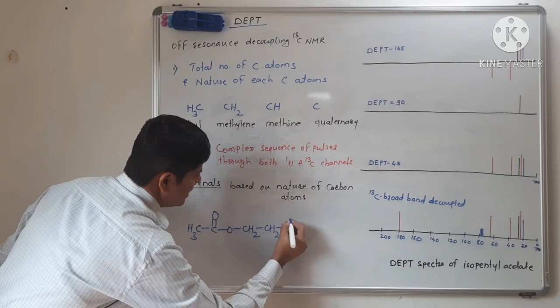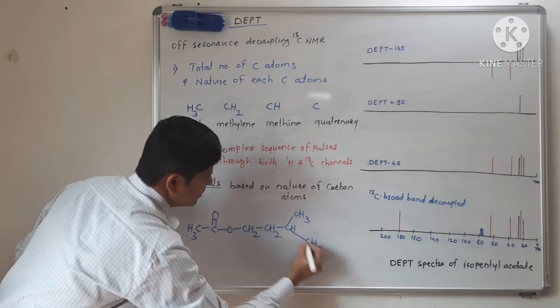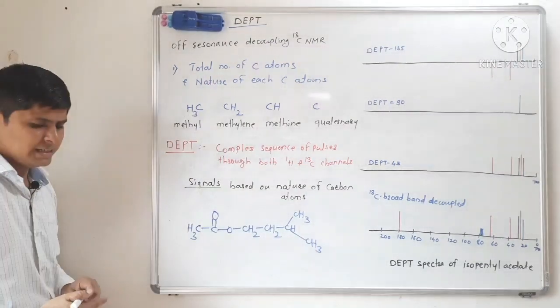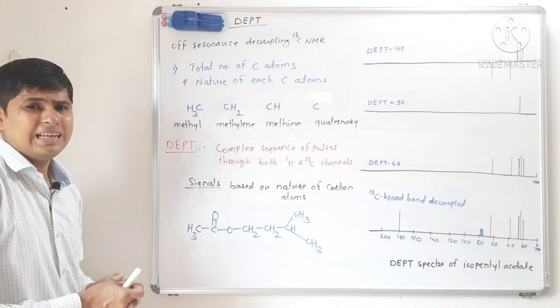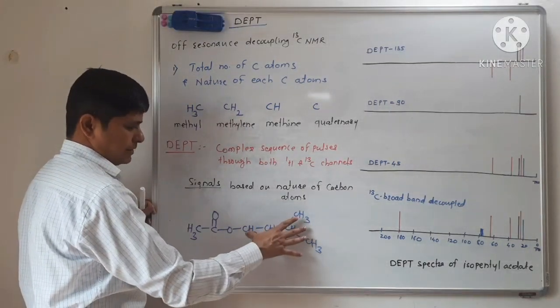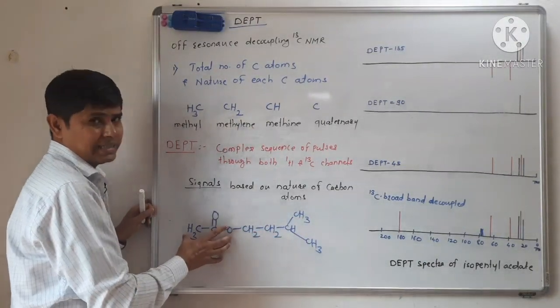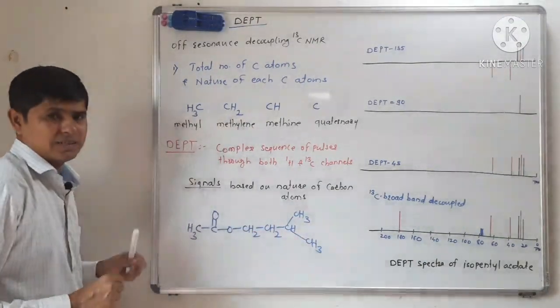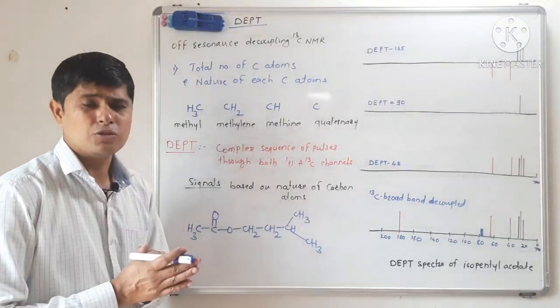This is a 1, 2, 3, 4, 5 carbon group, so this group is called the isopentyl group, and this is acetate. So we have to see the DEPT NMR of isopentyl acetate.